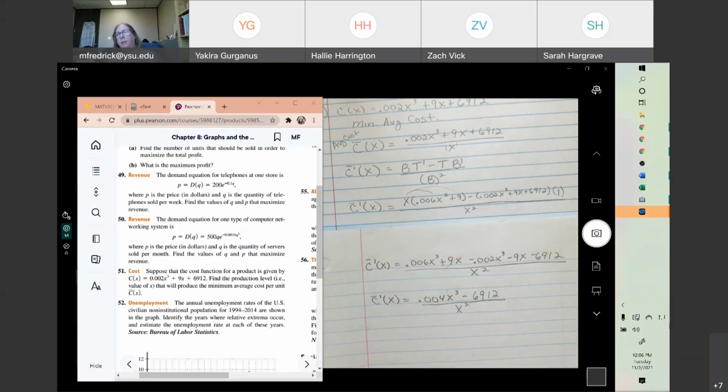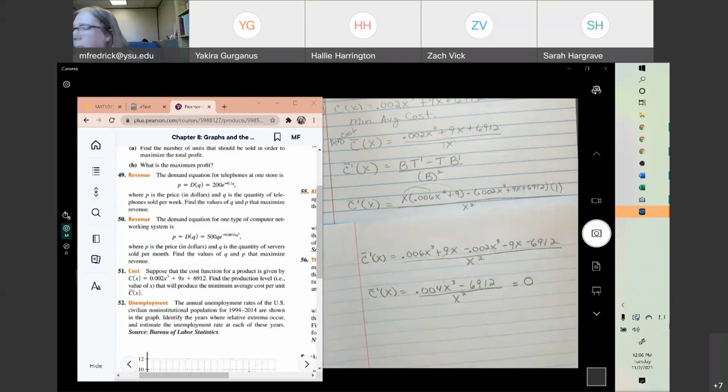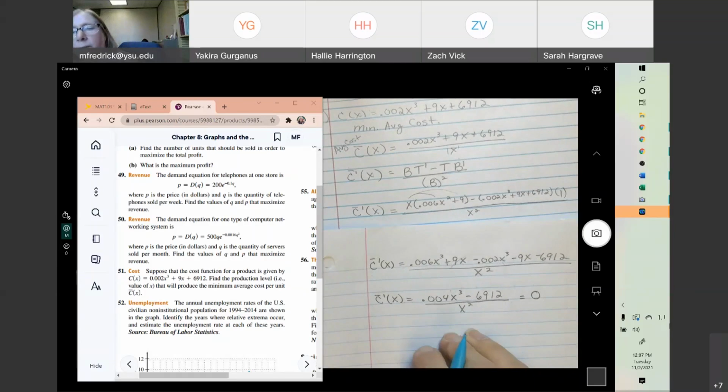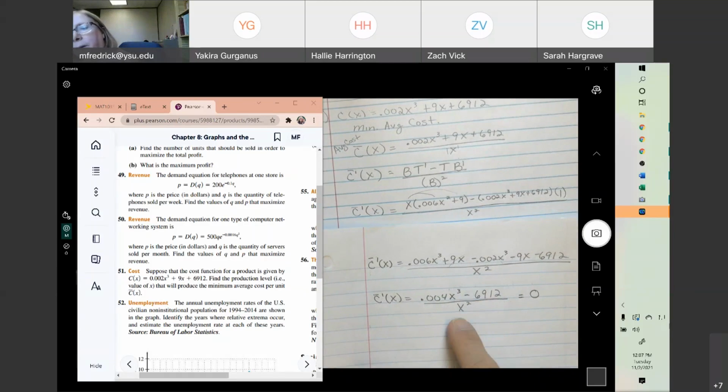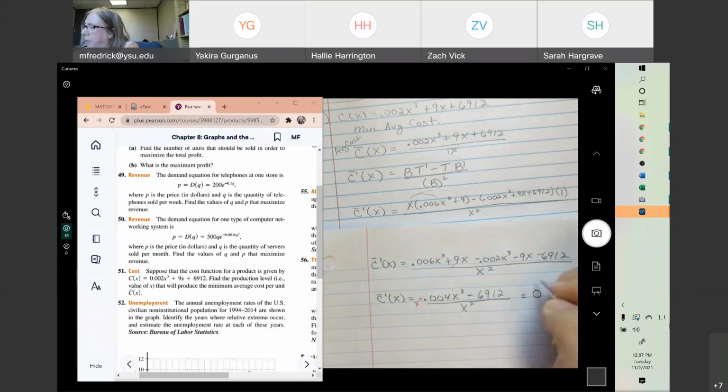What's nice about doing it this way, when you set it equal to 0, if you have a fraction, the only way it's going to be 0 is if the top is 0. We can't have 0 in the denominator. So when you're setting a fraction equal to 0, you can just set the top equal to 0. Now, if you don't want to do it that way because you don't know what you're doing with x squared, when you have a fraction equal to anything, to get rid of the denominator, we would multiply both sides by x squared.